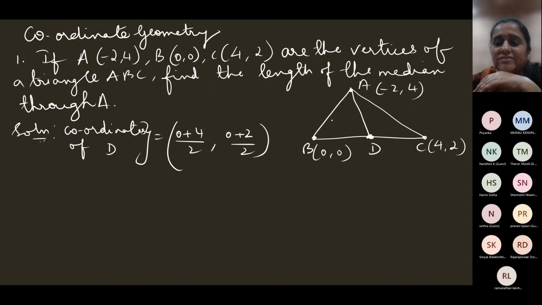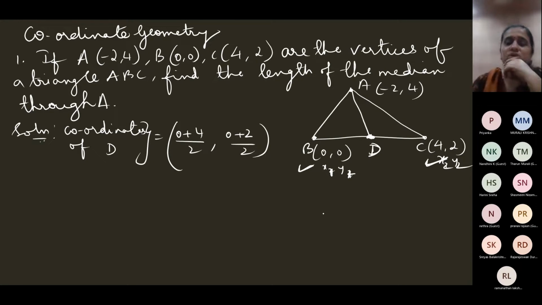D is the midpoint of BC, so you must take the coordinates of B and C and find D using the midpoint formula. You can take this one as x1, y1 and this one as x2, y2, or the other way around. That's okay. So 0 plus 4 by 2, 0 plus 2 by 2.